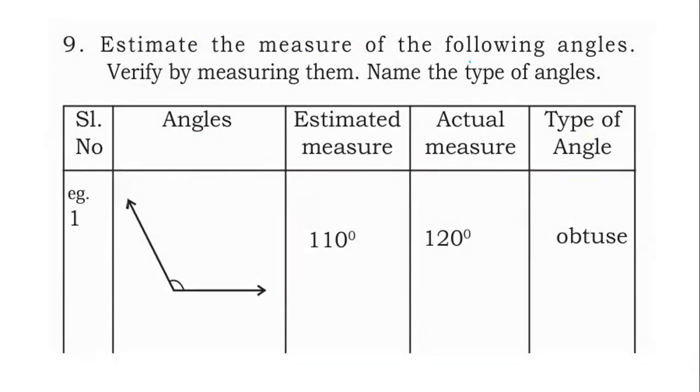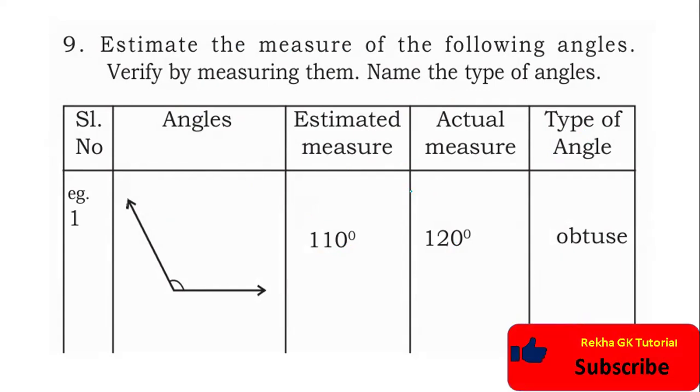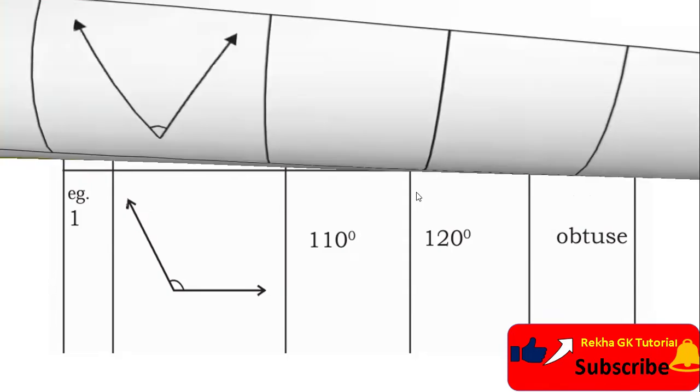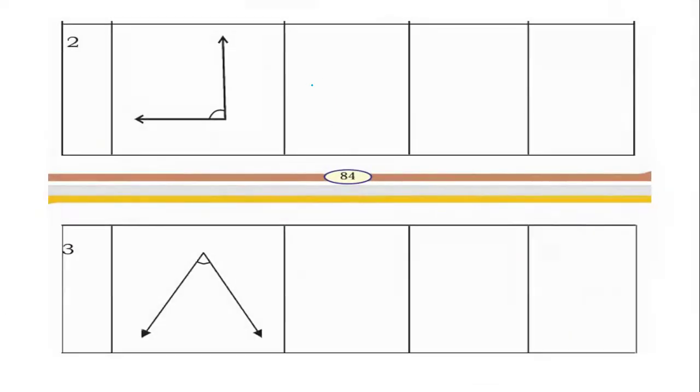Next, estimate the measure of the following angle. Verify by measuring them. Name the type of angle. Angle estimated measure 110 degrees. Actual measure 120 degrees. Type of angle obtuse. Example they gave. Second one, this is right. Estimated measure is 90 degrees. Actual measure is 90 degrees. Right angle. This is simple.